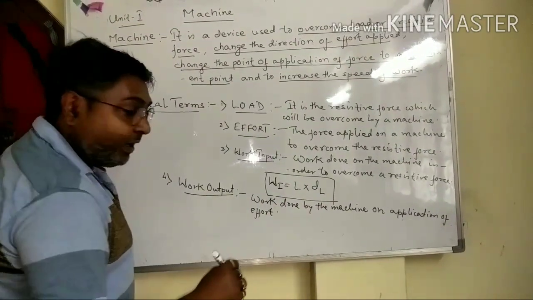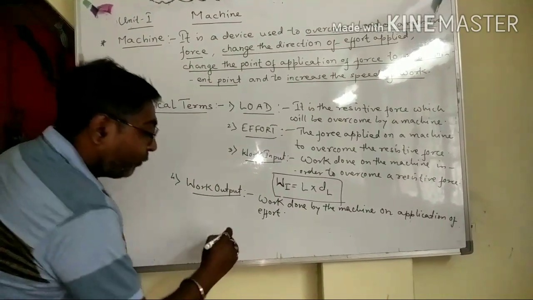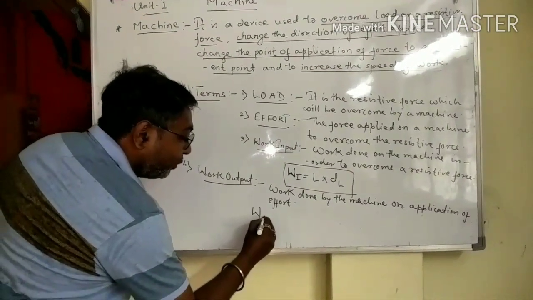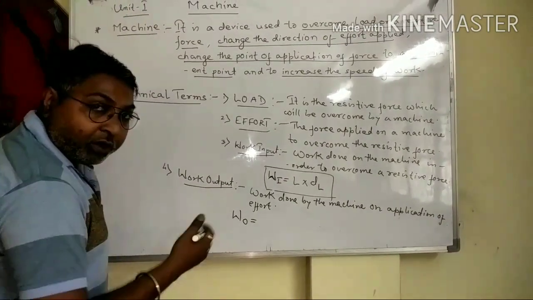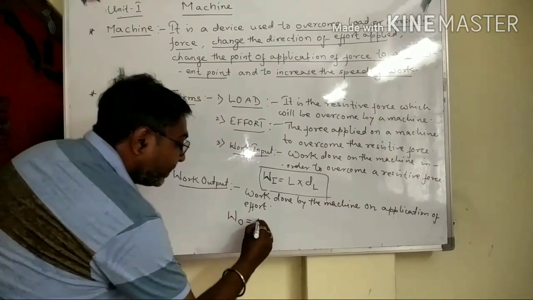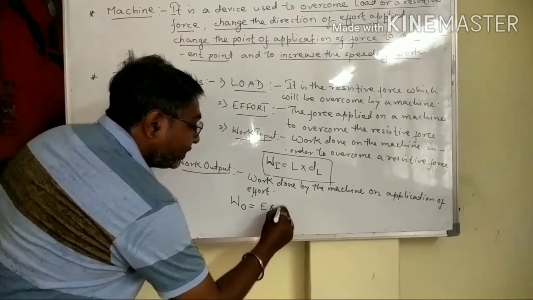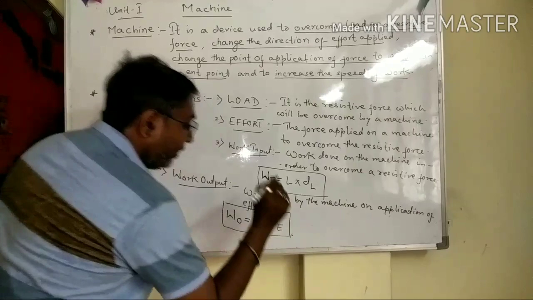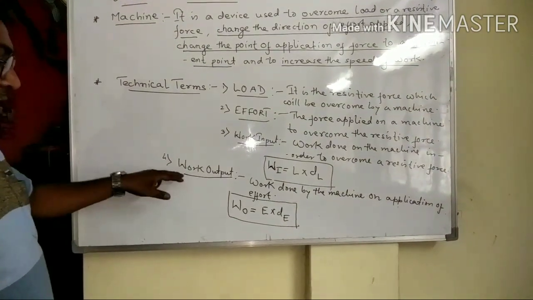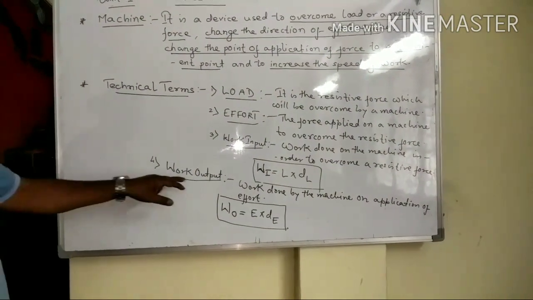So symbolically, if I want to write the formula for that, I am writing capital W suffix O equal to the force that I am giving on the machine to get an output, which is effort into displacement of effort. So this was the definition of work output.